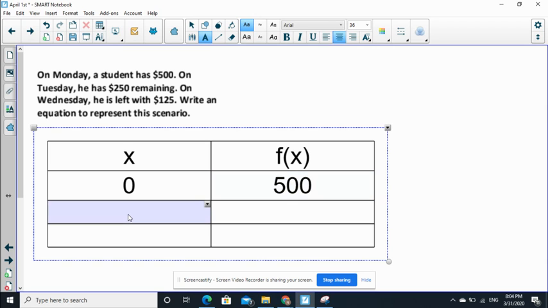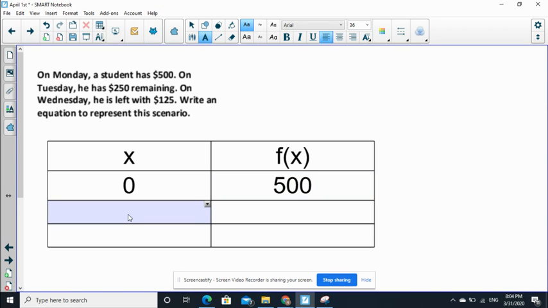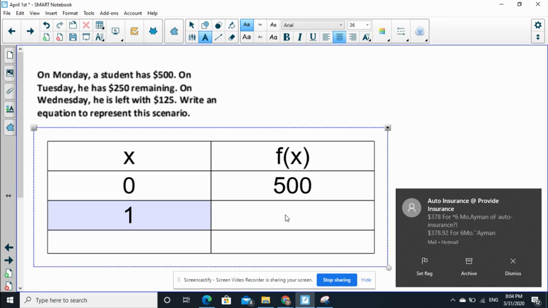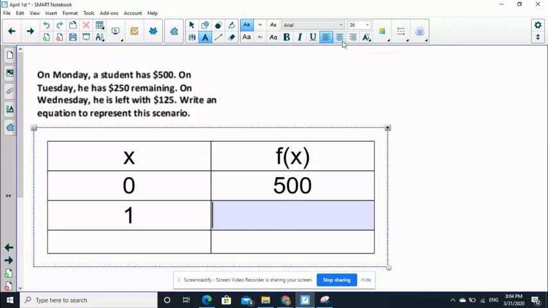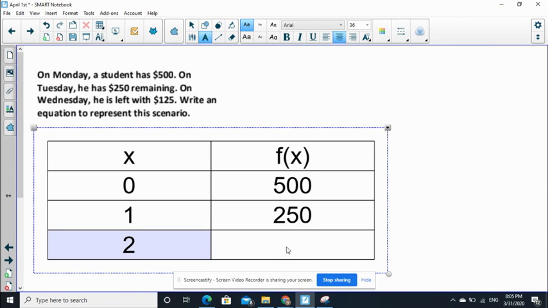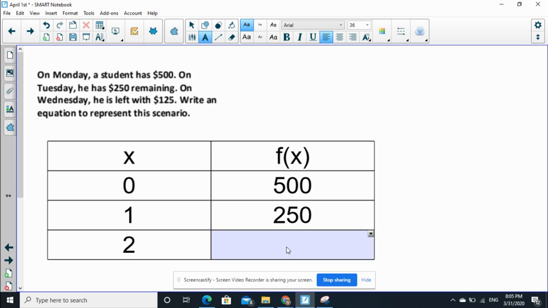Then on Tuesday, after 1 day, x equals 1. What is the function? It equals 250. And the next day means x equals 2. The function is 125.